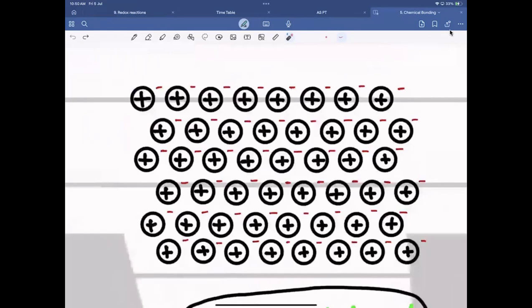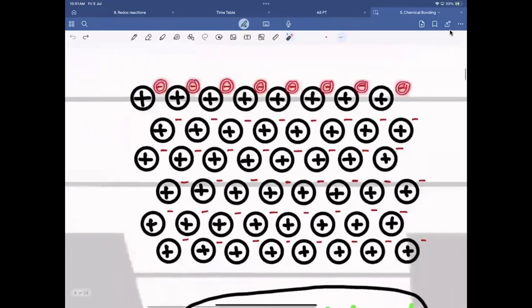Metallic substances also have a giant lattice. But the difference is that in the ionic lattice there are positive and negative ions, while in the metallic lattice we have only cations and free moving electrons surrounding those cations. Is this understandable?